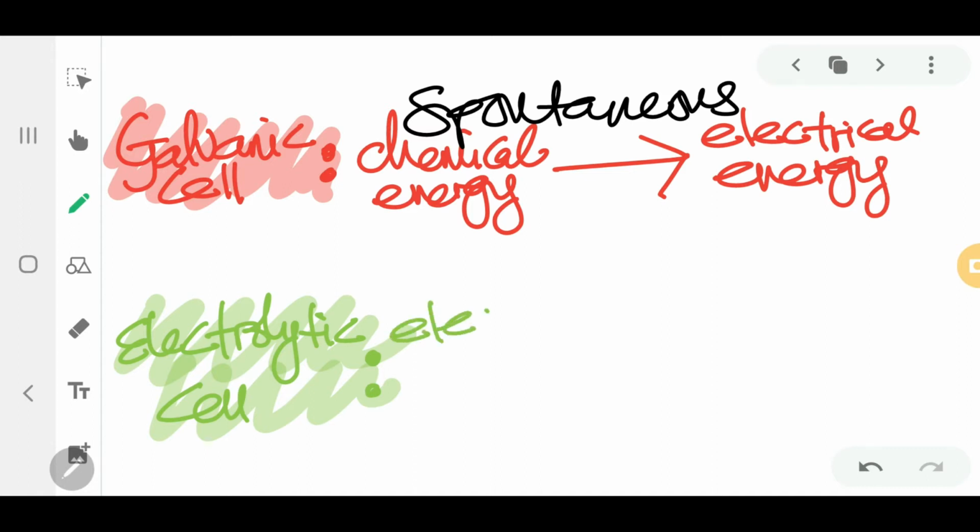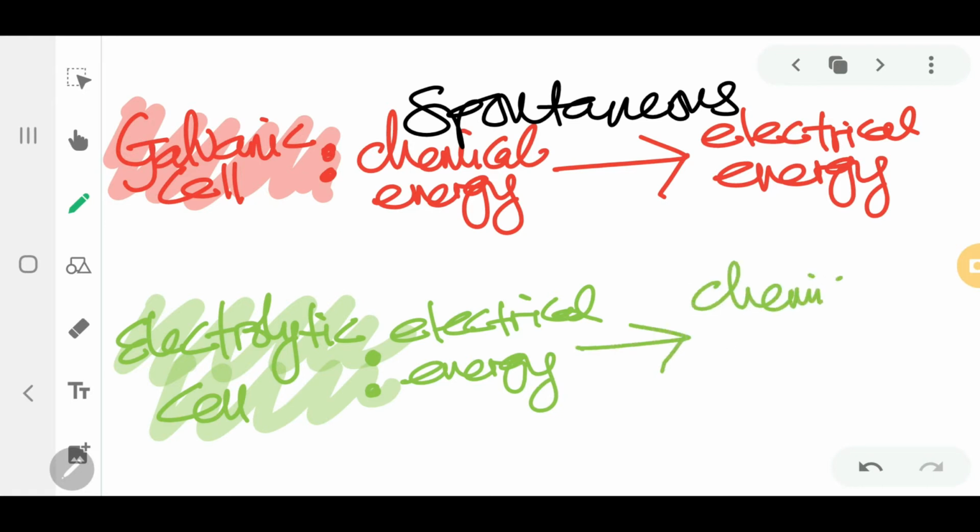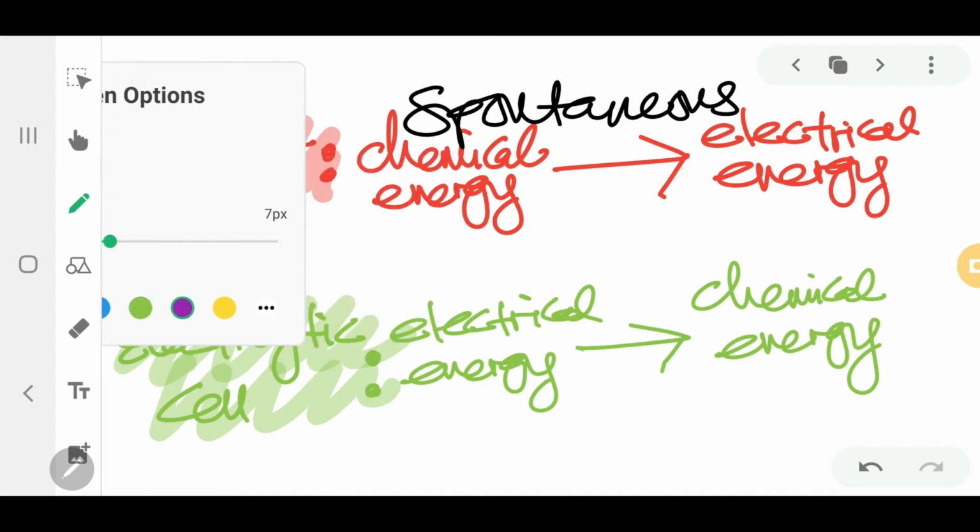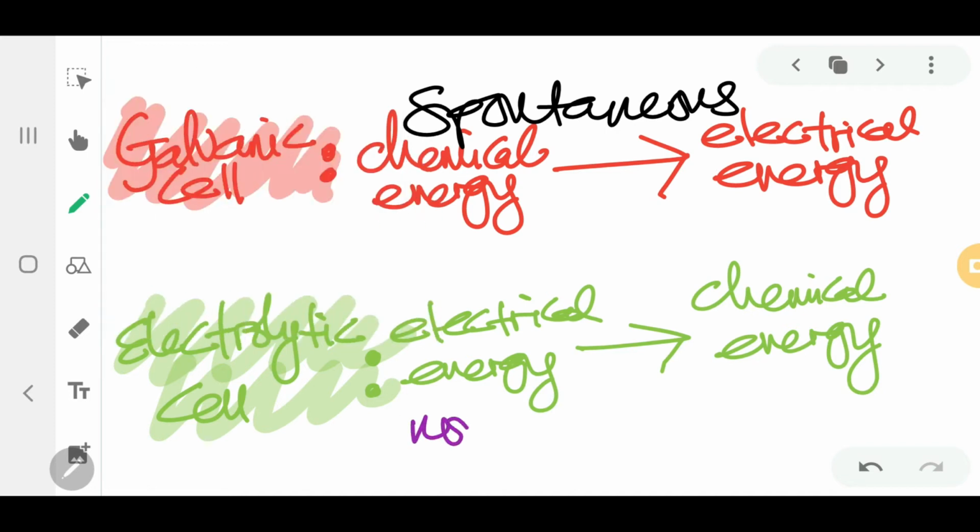You have electrical energy converted into chemical energy, and this is what we call non-spontaneous reactions.